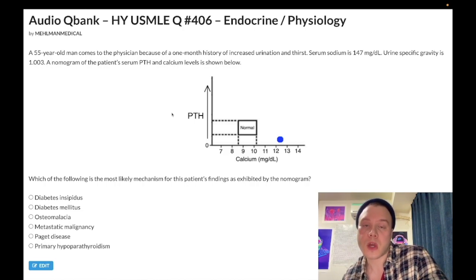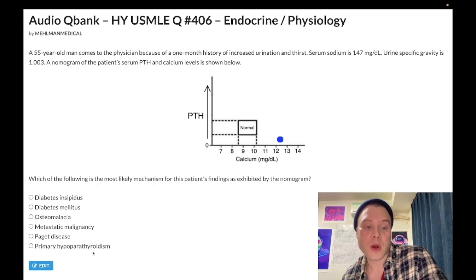Paget disease of bone is often discovered incidentally. If they happen to do a CT for whatever reason of the head, I've seen it where a guy hits his head in his bathroom. They do a non-contrast CT of the head looking for a bleed. They see heterogeneous osteoblastic, osteoclastic lesions, and that's just incidental Paget disease of bone. Increased serum ALP. You're going to check serum ALP levels. Wrong answer, as I just said.